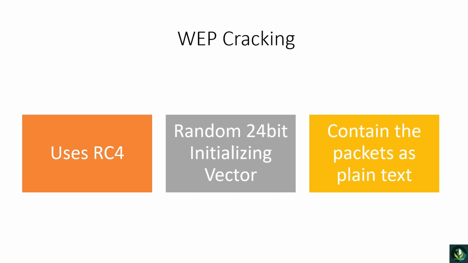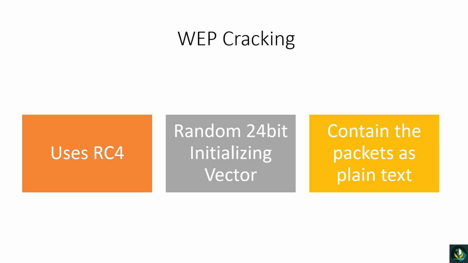Once we have two packets with the same initialization vector, we use a statistical attack to determine the key stream, and after that to determine the WEP key.